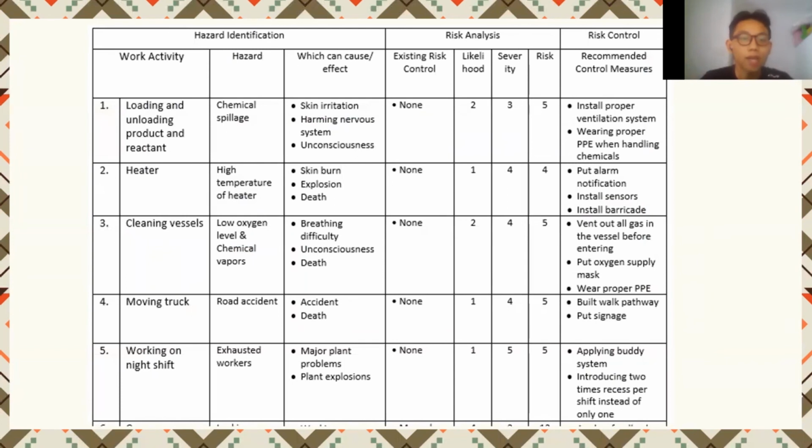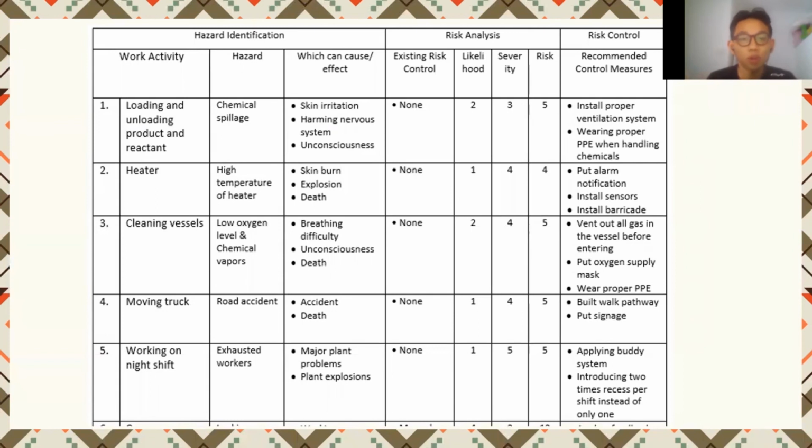And then for the hazard, we can detect what kind of hazard the work activity can cause. And the cause is the effect of the hazard to the environment, property, and also to the manpower.